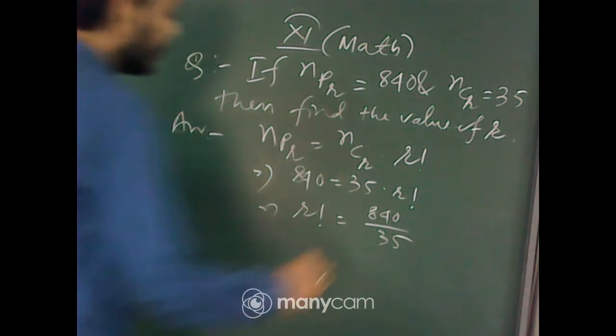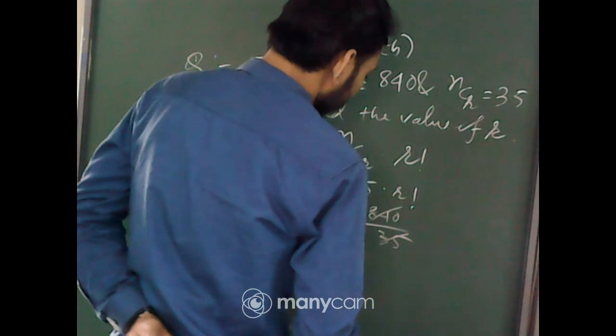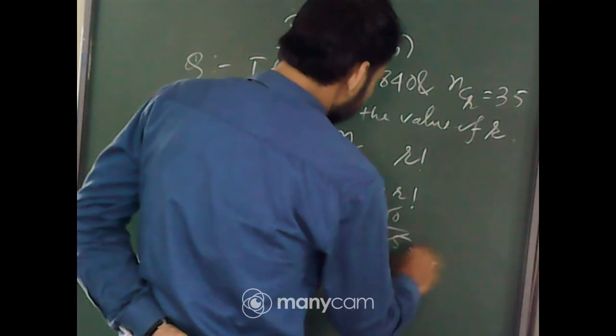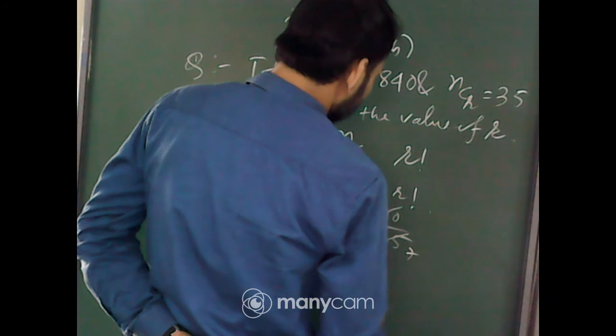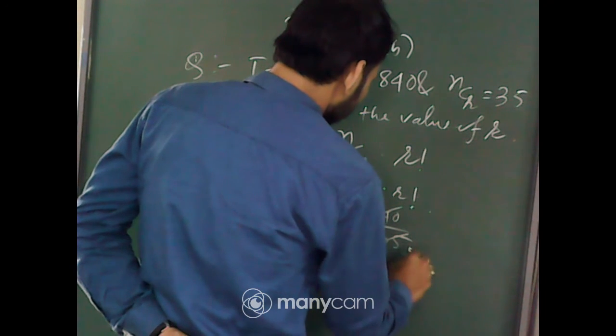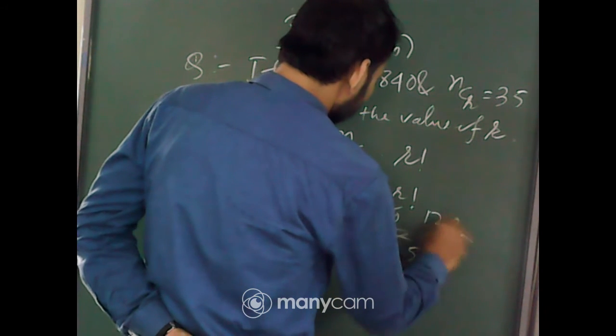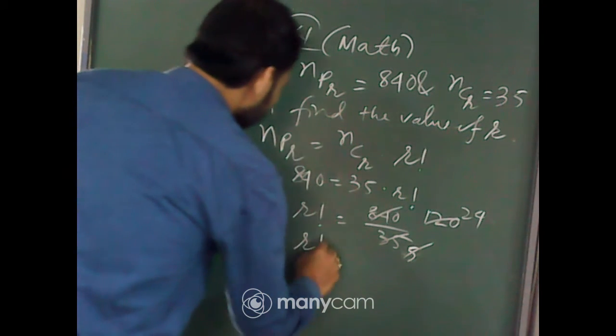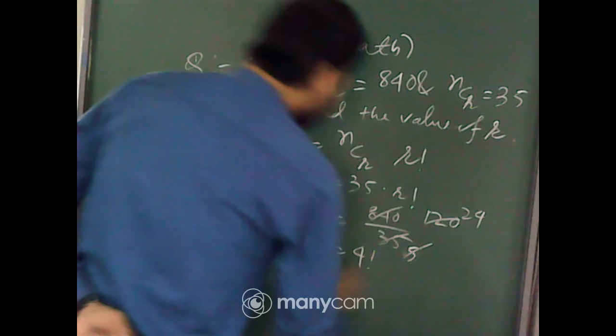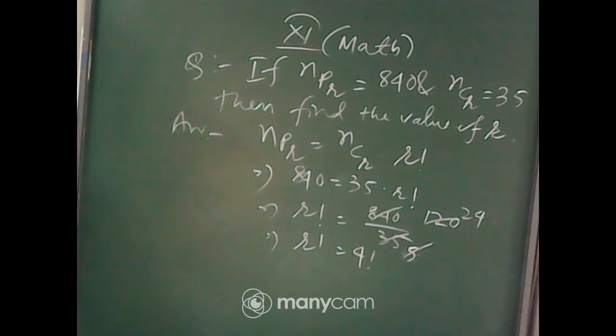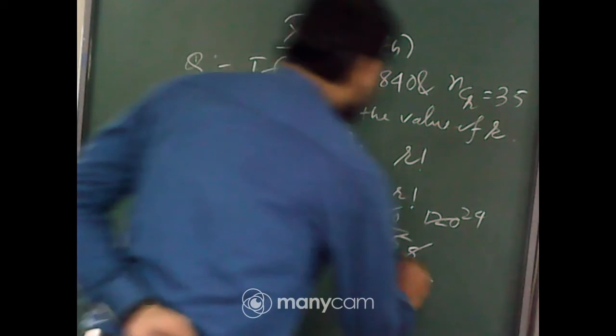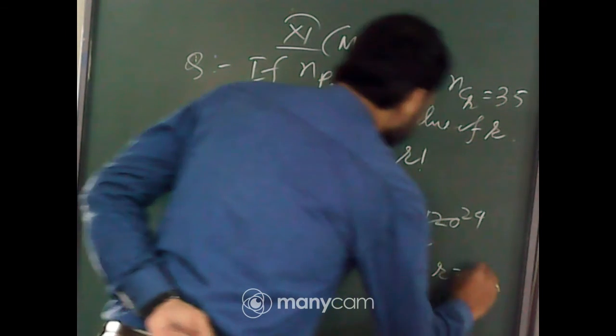Simplify it. 24. So R factorial equals 4 factorial. So R equals 4, isn't it?